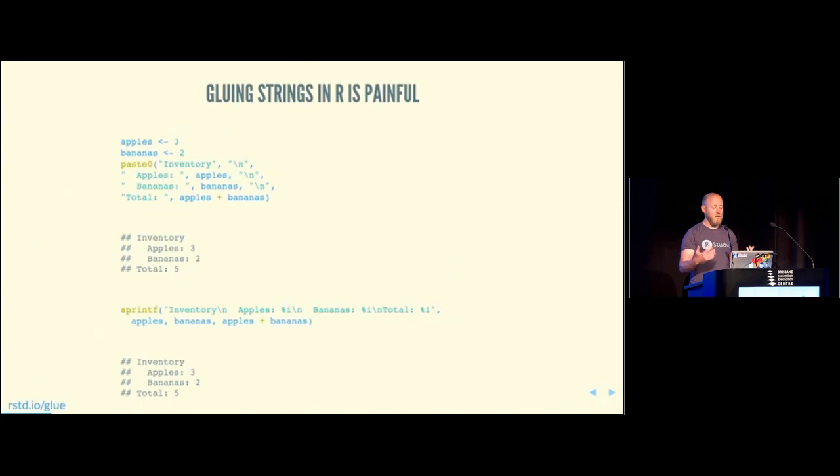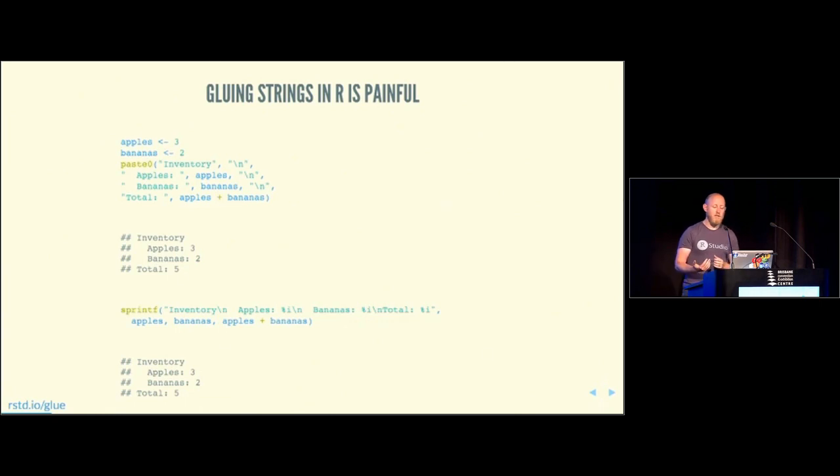If you do this for one or two variables, that's okay, but once you get to 5, 6 or more variables, or if you're trying to put expressions in part of the paste call, it gets very cumbersome.